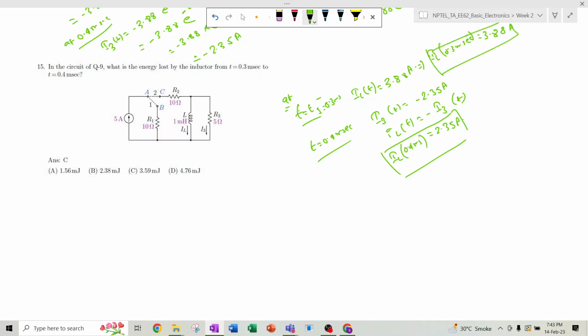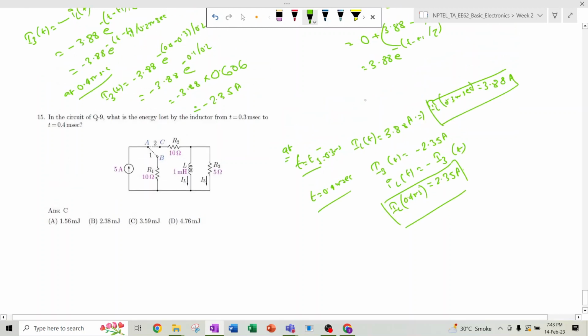Okay, yeah. Now in the question it is asked, what is the energy lost by the inductor from t equal to 0.3 millisecond? What is the meaning of the energy lost by the inductor? Until 0.3 millisecond, this 5 ampere source is connected to the inductor because A and C are shorted.